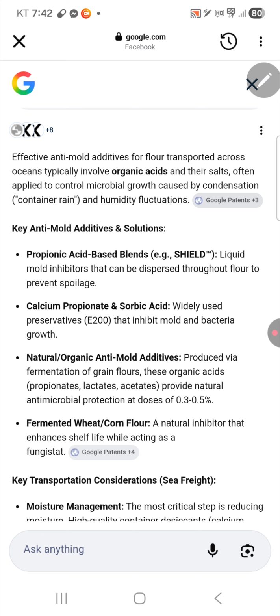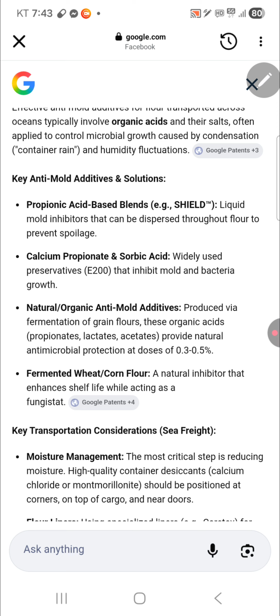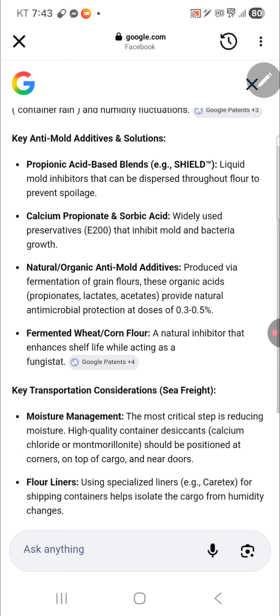Well, let's look up the word. Which word was I trying to look up? Sorbic acid? No. Antimicrobial protection? No. Fungistat.